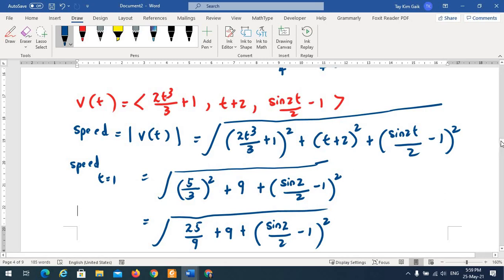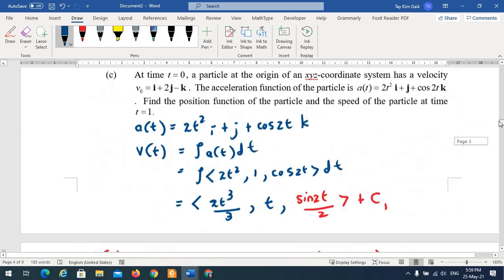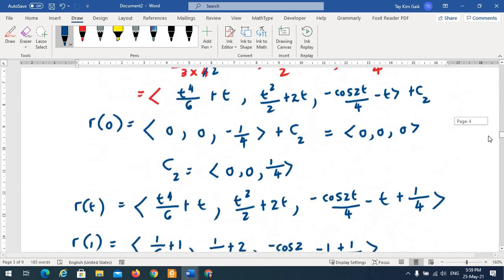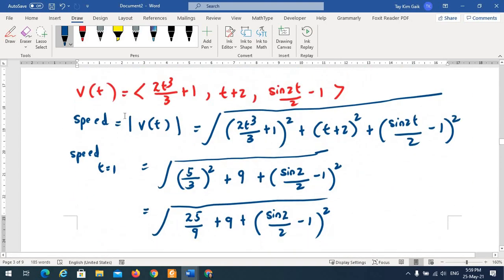The question 1: position vector r(t) at t equal to 1 and also the speed at time t equal to 1. Speed is the magnitude of v(t). Speed is without direction. For velocity, we have the magnitude and direction.